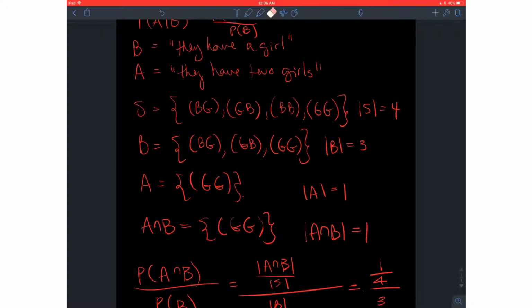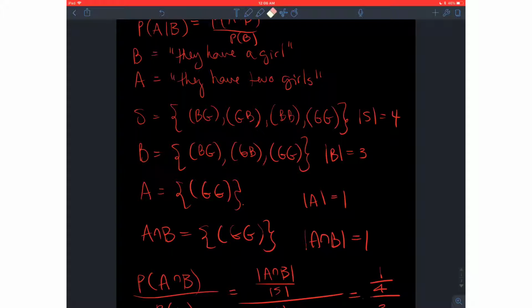For B, our set is the set of outcomes for which the statement "they have a girl" is true. Here we have boy-girl, girl-boy, and girl-girl. In each one of these, the statement is true. It is not true for the outcome boy-boy. And so the cardinality of this set is 3.